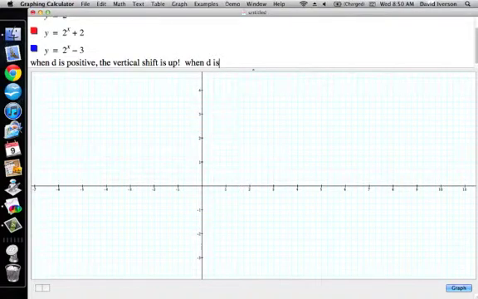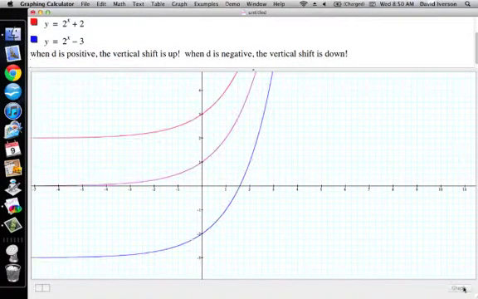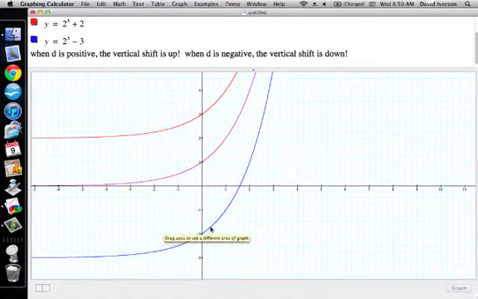When d is negative, the vertical shift is down. So there's my 2 to the x, there's my 2 to the x plus 2, and there's my 2 to the x minus 3.